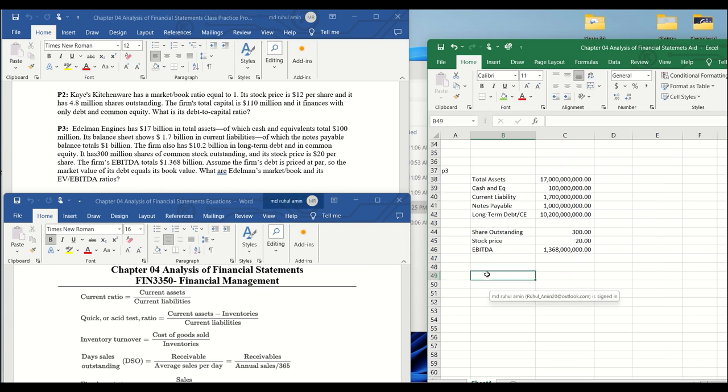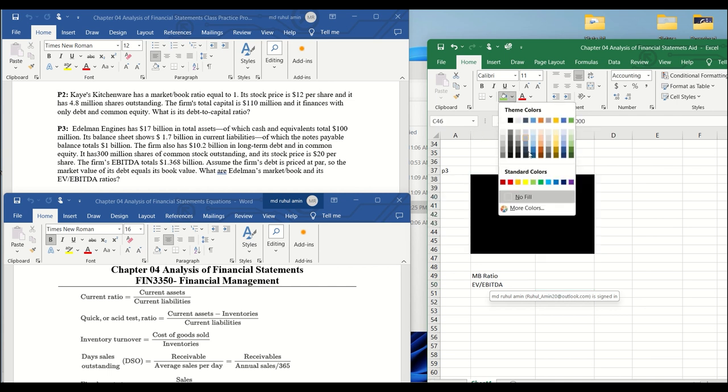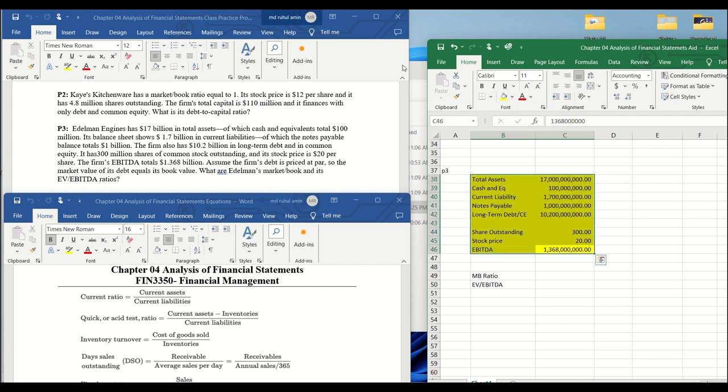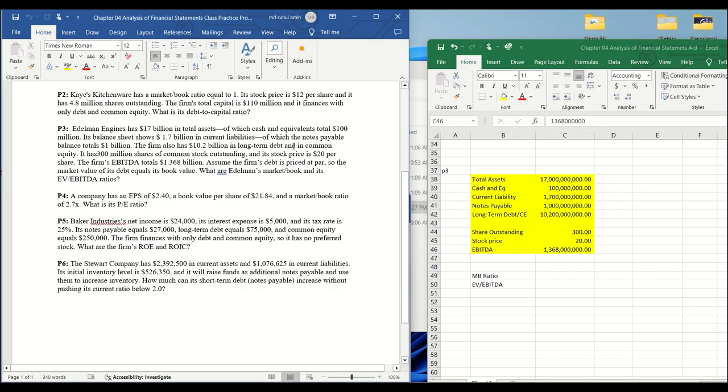So two things we need to calculate. One is the MB ratio. Two is EV by EBITDA. So these we all get from our problem. Okay, I think the problem has some issue.